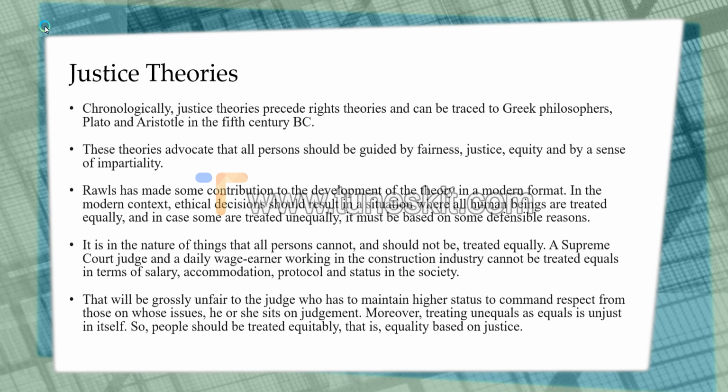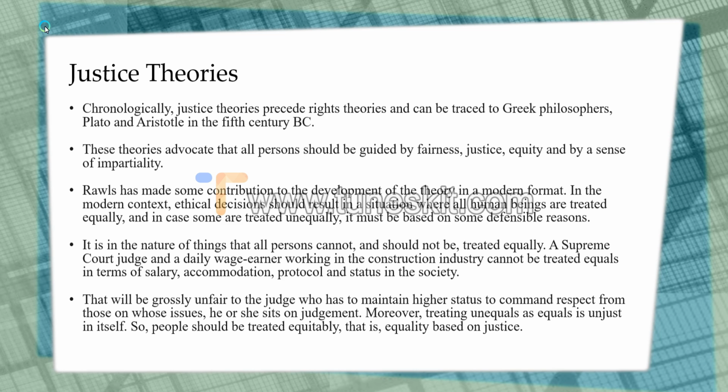Now, the next point is that it is in the nature of things that all persons cannot and should not be treated equally. In this topic, justice theories, these are the points that help to understand them: fairness, justice, equity, a sense of impartiality. These are the points that you need to keep in mind.